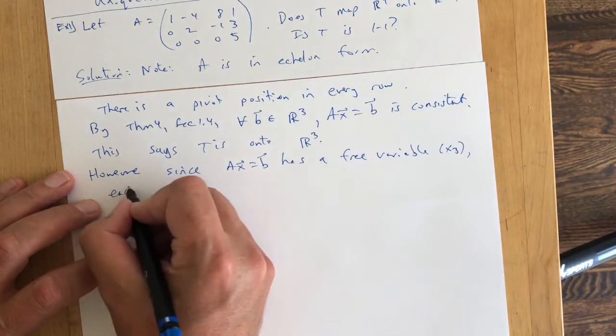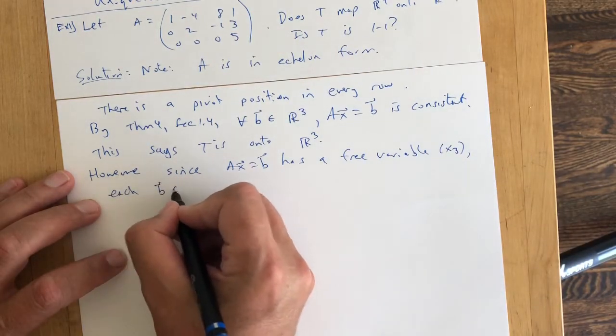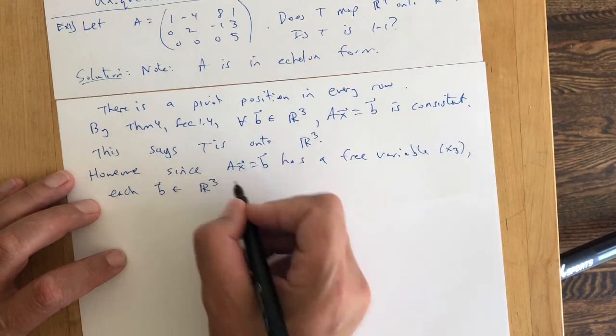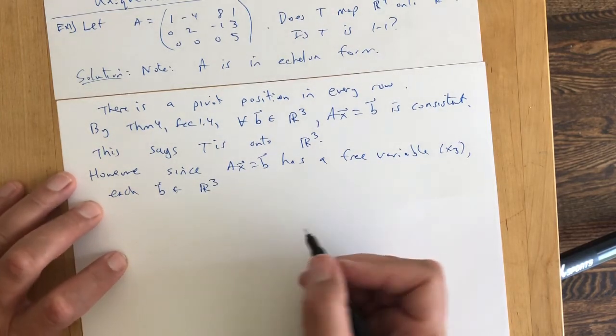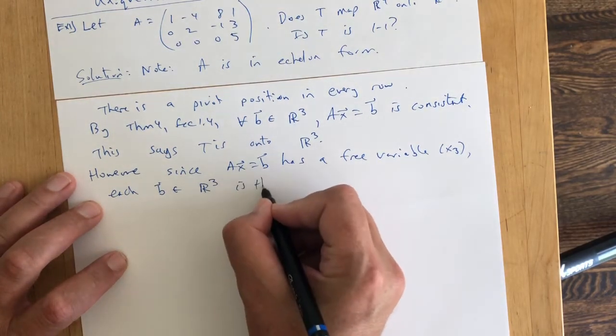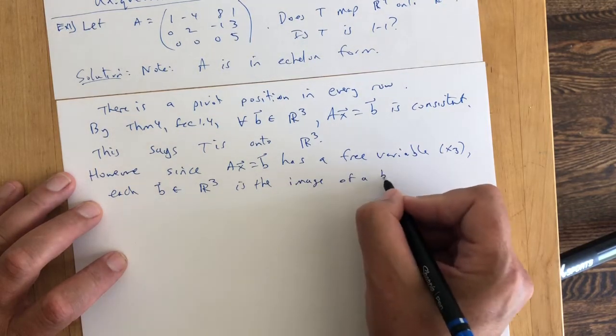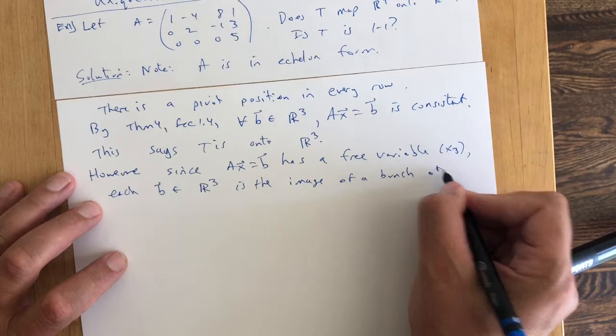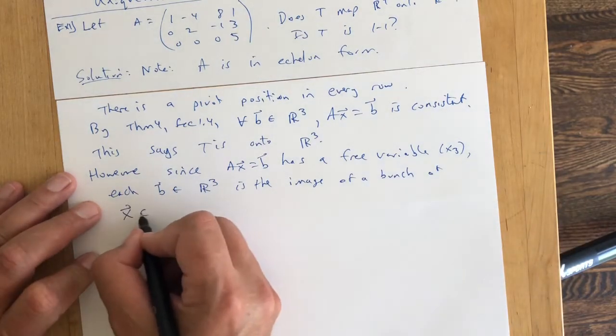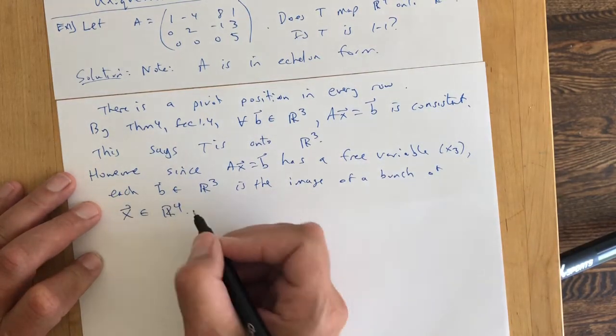Each b in R3 is the image of a bunch of x in R4.